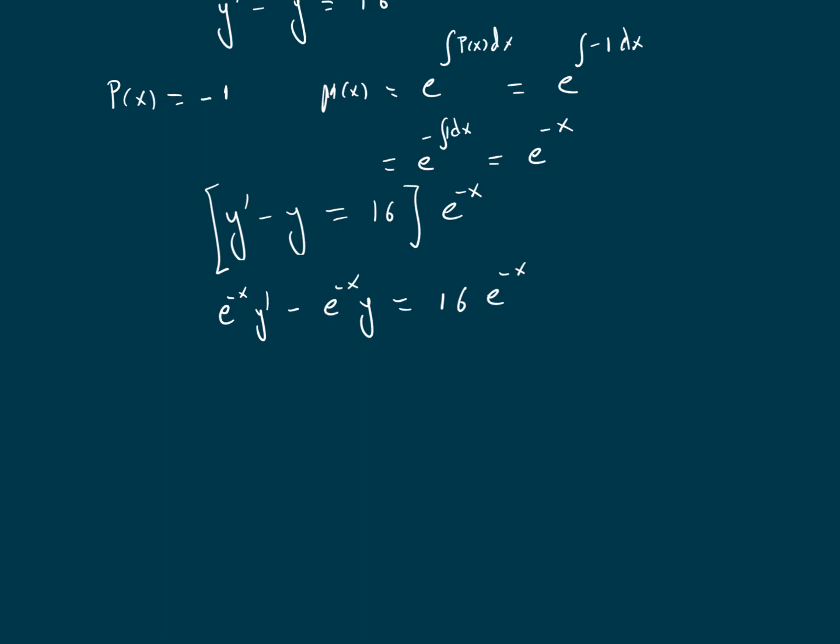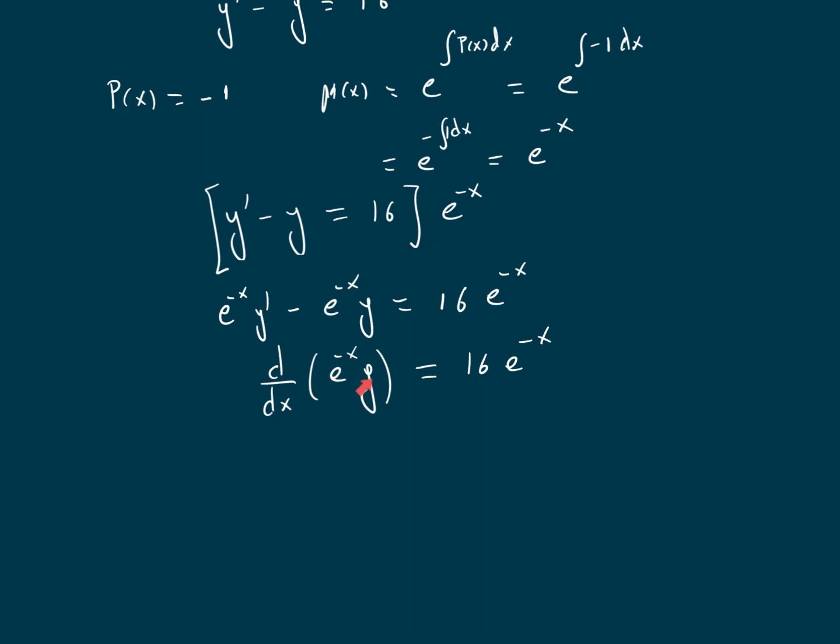And the beauty and the magic of this technique is that the left side of the equation can be written as the derivative with respect to x of the integrating factor by y, equals 16 e to the minus x.